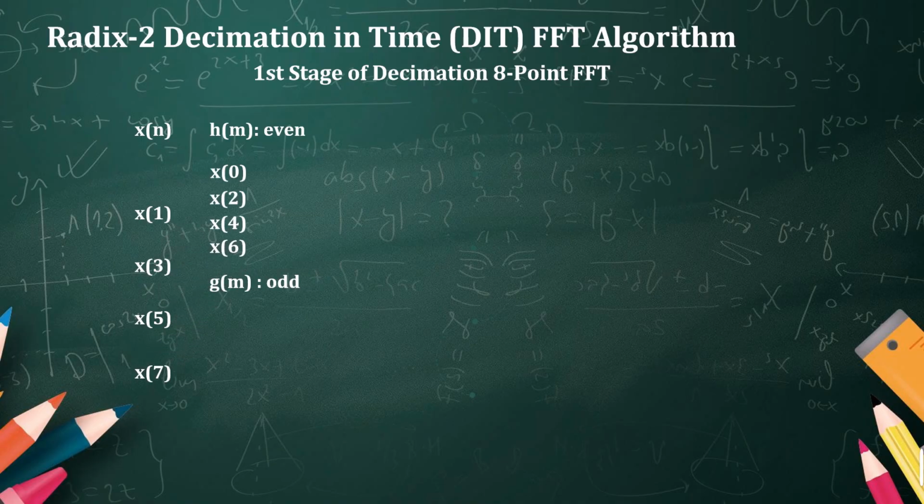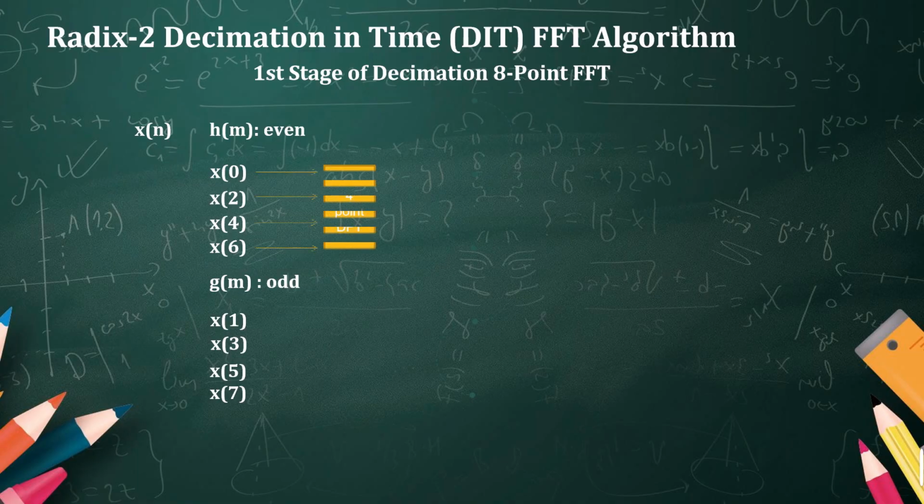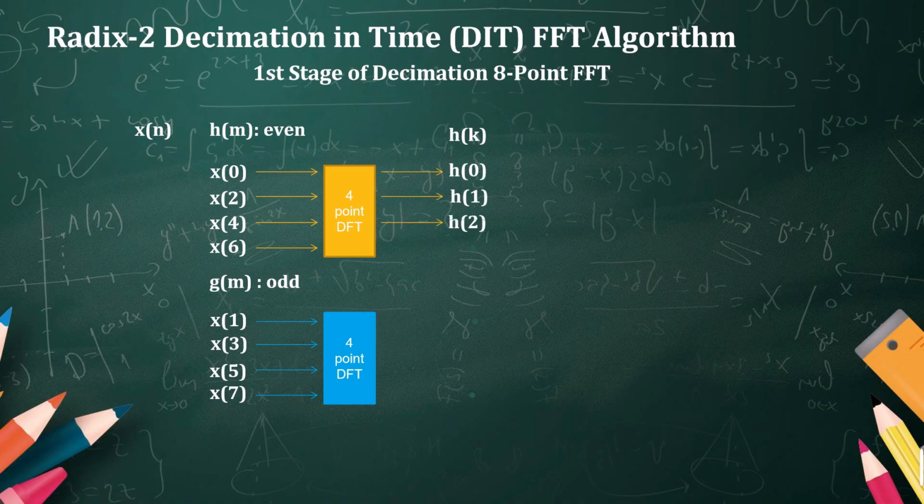For G(m), the odd samples, they are x1, x3, x5 and x7. Now we compute the 4-point DFT of H(m), and we get the H(k) sequence H0, H1, H2 and H3. The 4-point DFT of the odd samples gives G0, G1, G2, G3, and this sequence is named G(k).